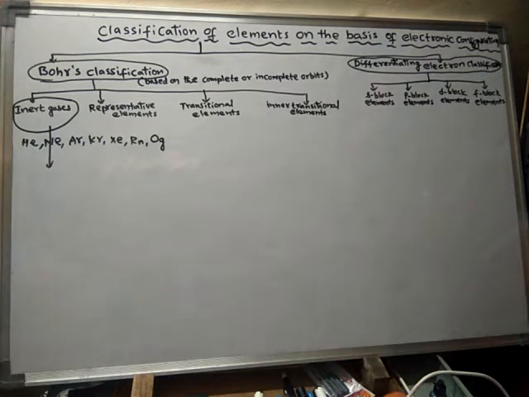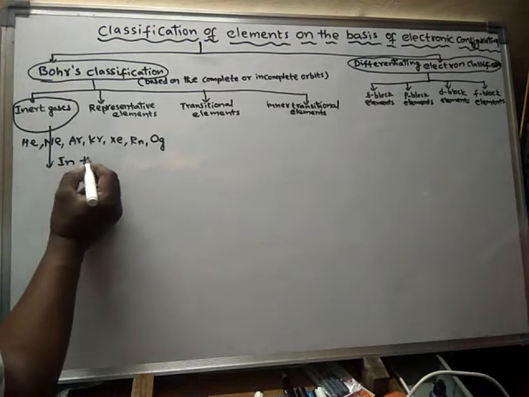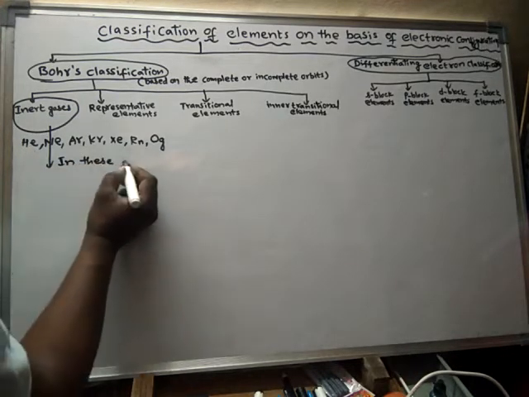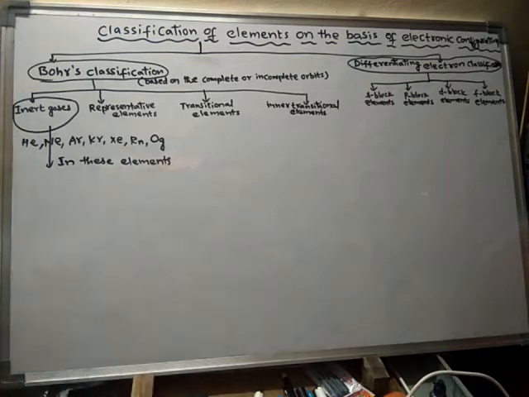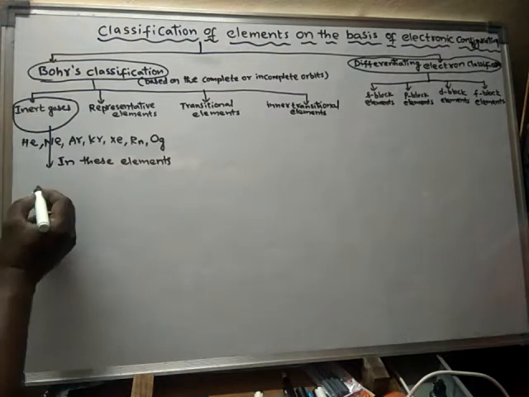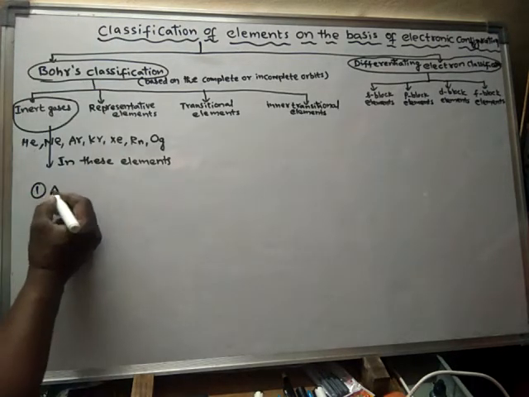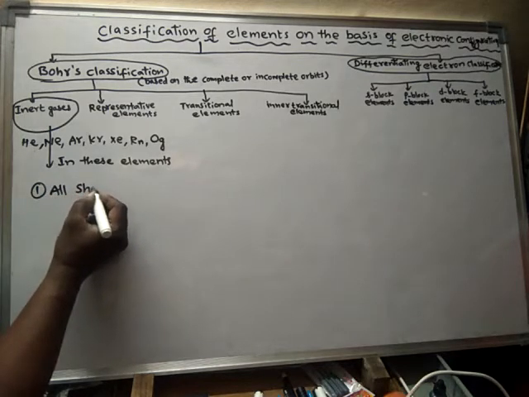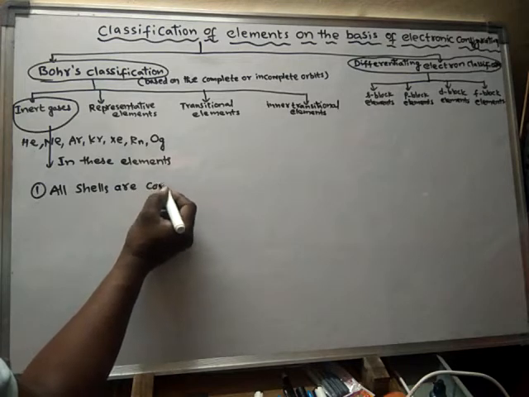Next, in these inert gases, we will learn some points. All orbits are completely filled. All shells or orbits are completely filled with electrons.